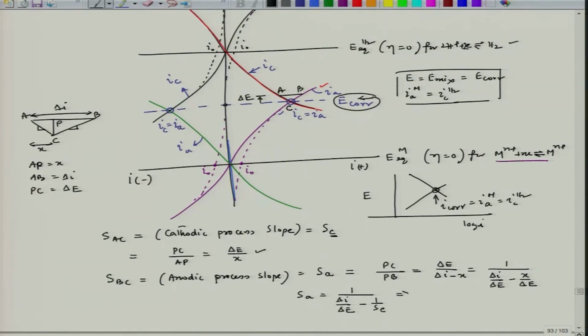So, I can write 1 by SA plus 1 by SC equal to del I by del E. So, this is one important relation, let us say equation 1.